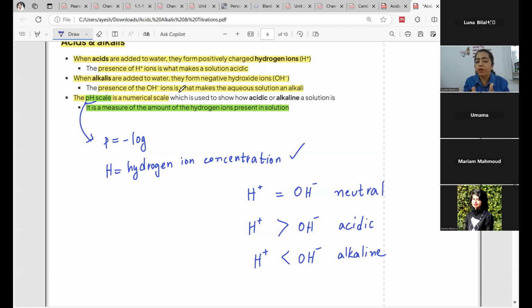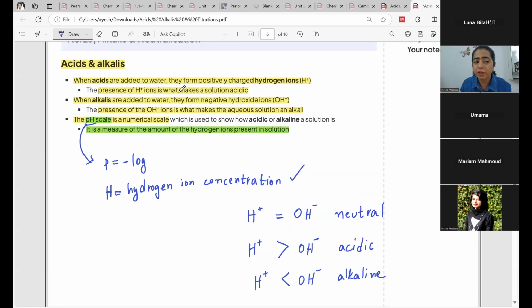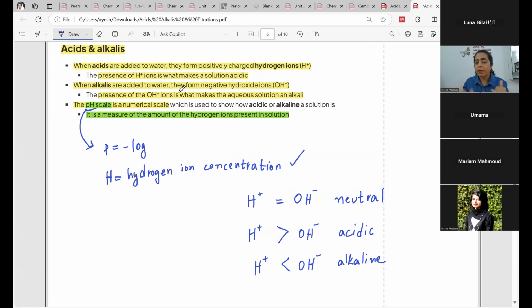Aqueous water means HOH, both are there in the solution because water is providing both ions. So when both are the same, that is neutral solution. When H ions are more, then it is acidic. When OH ions are more, then it is alkali. So the pH scale is telling you how much hydrogen ions are there. Hydrogen more means acidic, hydrogen less means alkaline solution. So that's how we can put the pH value.